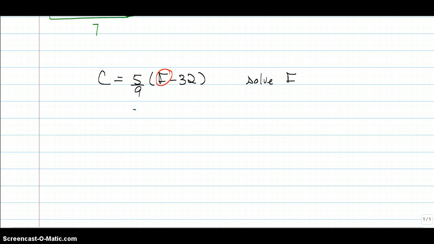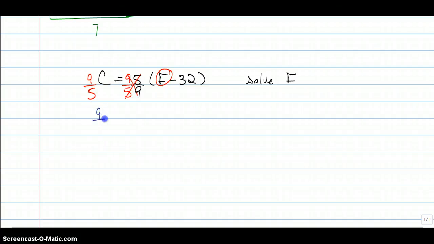Well, the first thing I want to do is see if I can get rid of that fraction. So I can multiply by the reciprocal. The reciprocal of 5/9 is 9/5. Multiply both sides by 9/5.